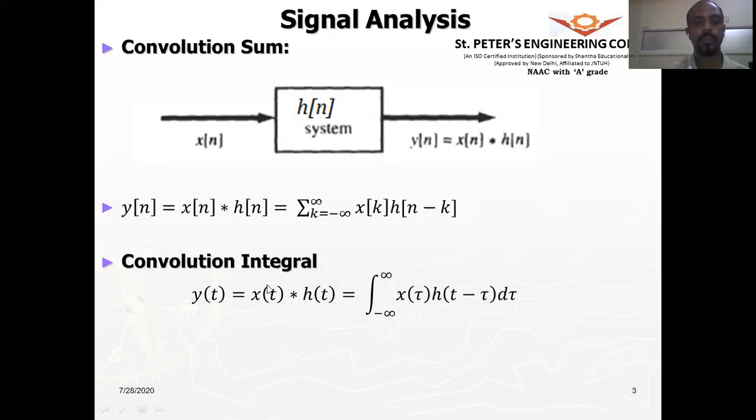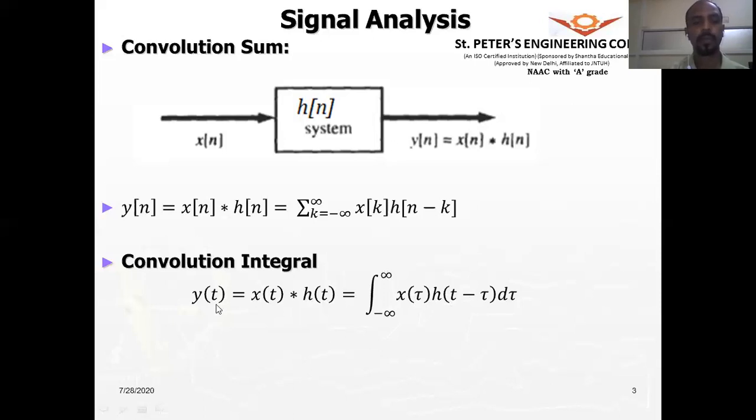We are given a function in terms of t. What we do is convert it into another variable called tau, and next we obtain x of tau and h of tau. One of the functions, h of tau, we reflect and make it h of minus tau, and that reflected signal we shift by an amount t. What is this minus infinity to plus infinity? This is tau that is going to vary.